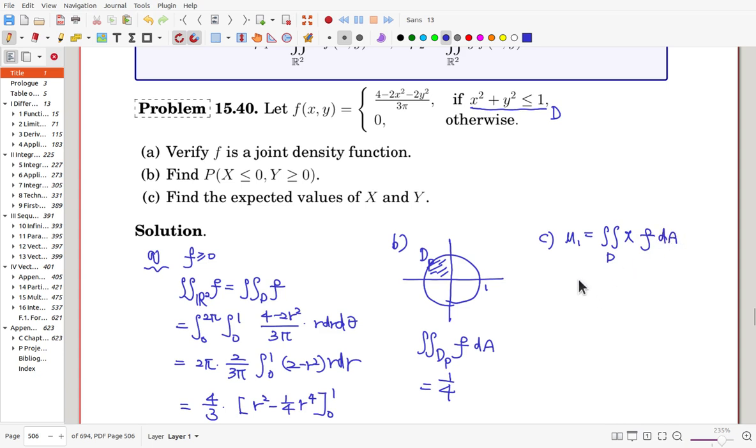Again, this is a polar region, so theta is from 0 to 2 pi, and r is from 0 to 1, x is r cosine theta, and for f we know that is 4 minus 2r squared over 3 pi, and we have here r, and then dr d theta.